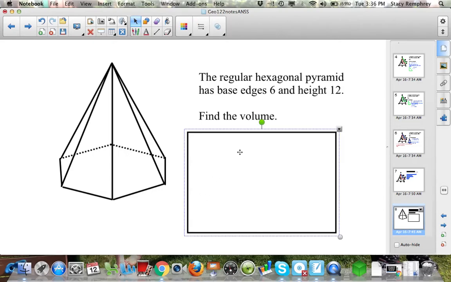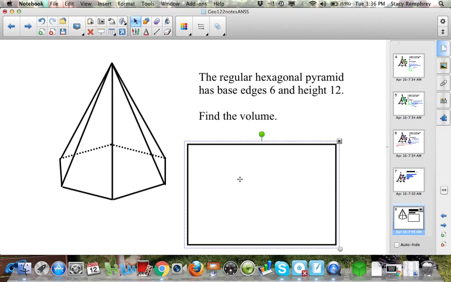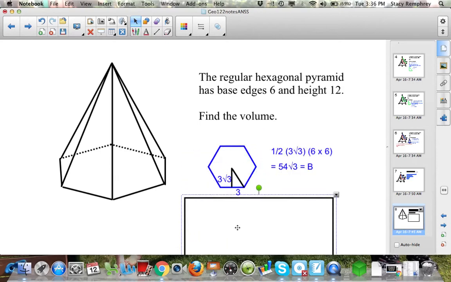All right. So to find the volume, I need to do 1/3 the area of the base times the height. So what I did here is I drew the base. It's a regular hexagon. If you remember, when we draw two radii to find the central angle, in this case 360 divided into 6 parts, makes the central angle 60, and that makes this little angle right here 30.